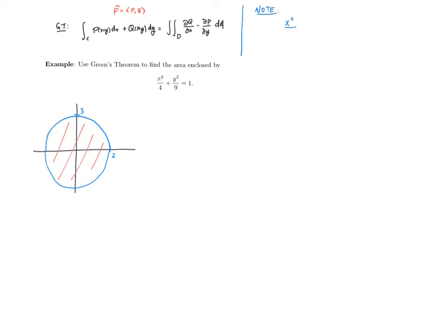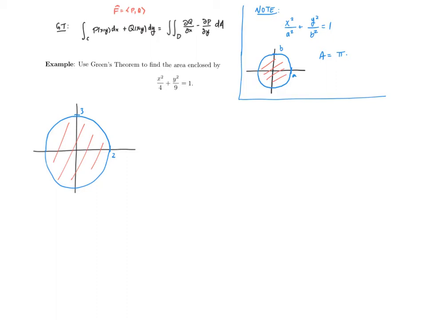If we have an ellipse, x squared over a squared plus y squared over b squared equals 1, so we're thinking that we have an ellipse that has x-intercepts plus or minus a, y-intercepts plus or minus b. I'm going to draw it similar to what we see to the left, a bit taller than it is wide. The area enclosed by this ellipse is going to be of the form pi times something.